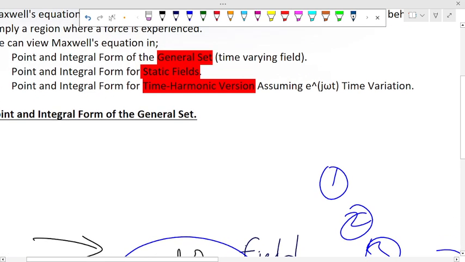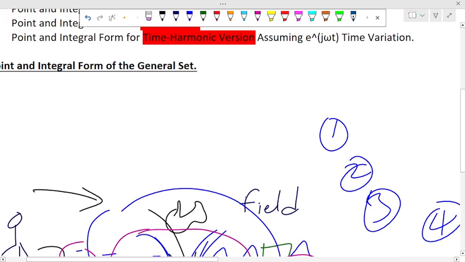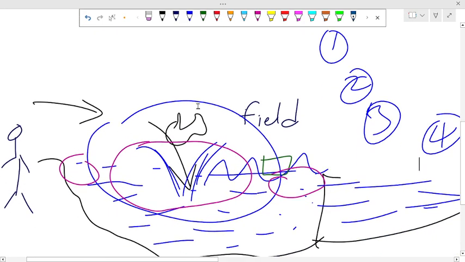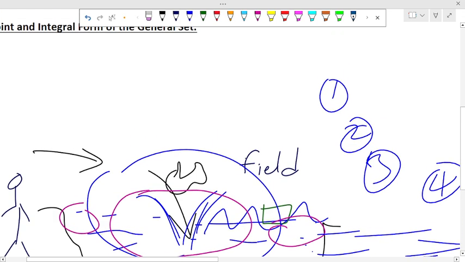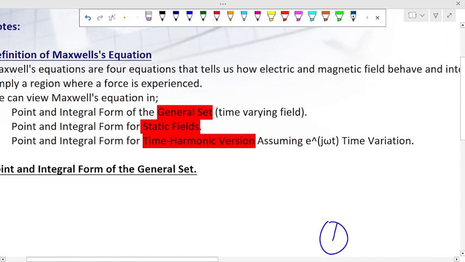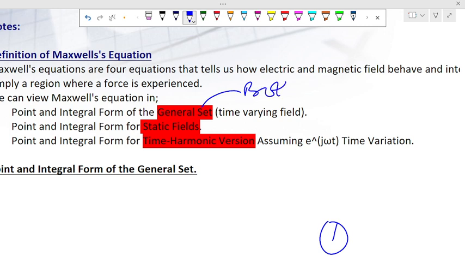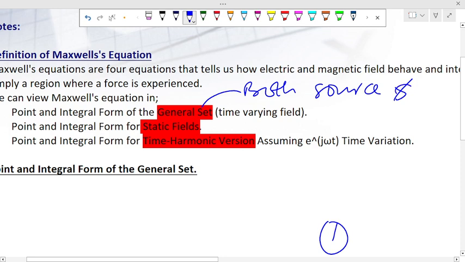Then for the third one, time harmonic version, we do not consider the source, we consider the movement of the field. I hope we get the difference. So for the first one, we can say both source and field movement.